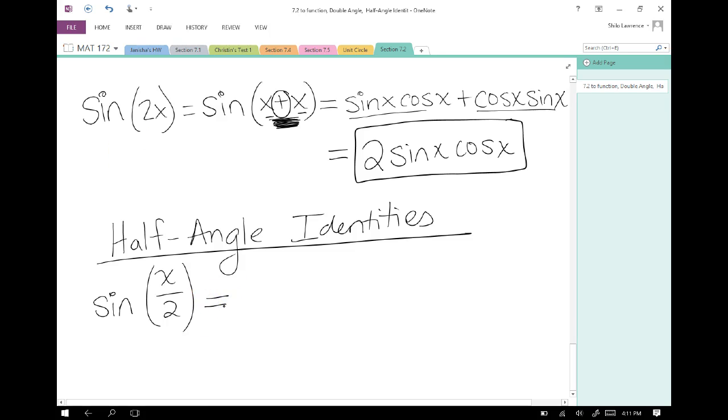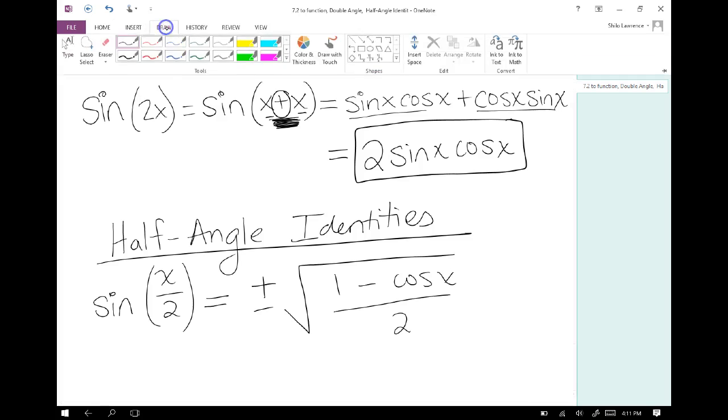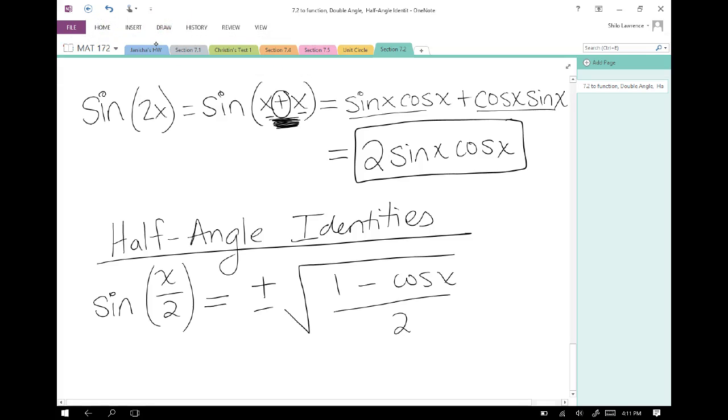So for the sine value of an angle that got cut in half, it's either positive or negative square root of 1 minus cosine of x over 2. Now, one of the things that a lot of people get wrong is when they actually use this formula to do a calculation, they put plus or minus in their answer, and that's not correct.